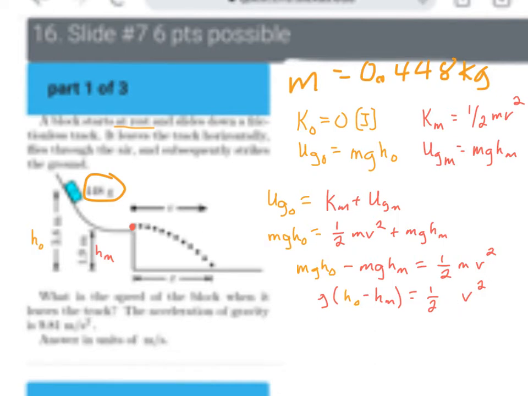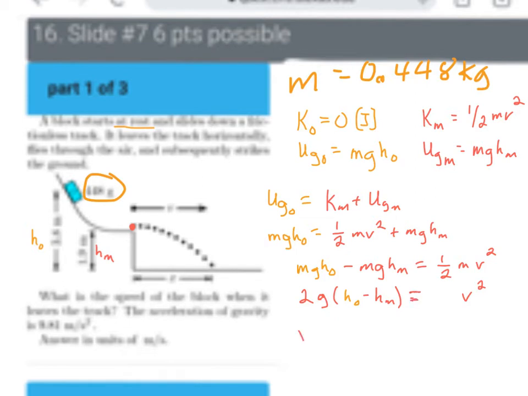Masses go away. And to get v by itself, we need to get rid of the fractions. So we'll multiply both sides by 2. When we multiply the right side by 2, that fraction will go away, and we will be left with a 2 on the left side in front. So 2g, the difference in height, 2g times the difference in height is equal to velocity squared.